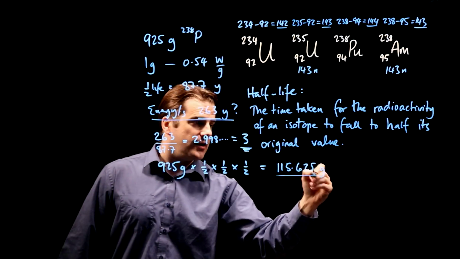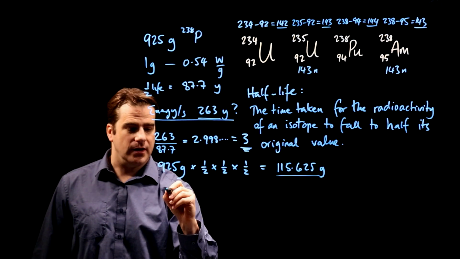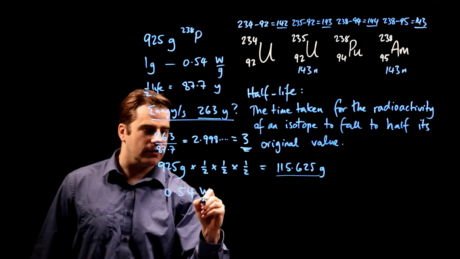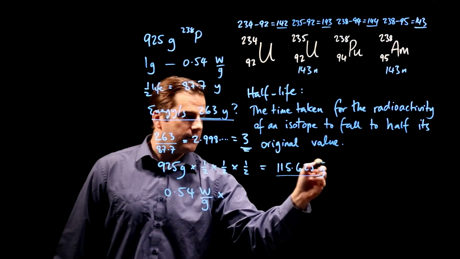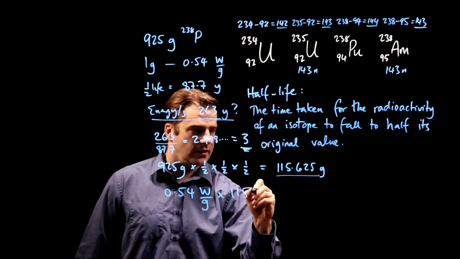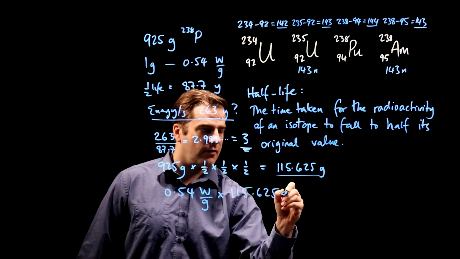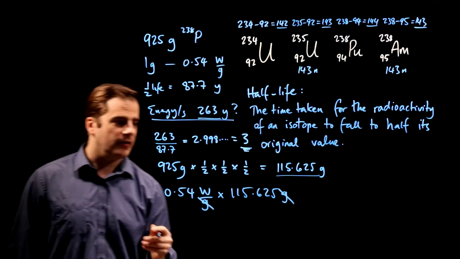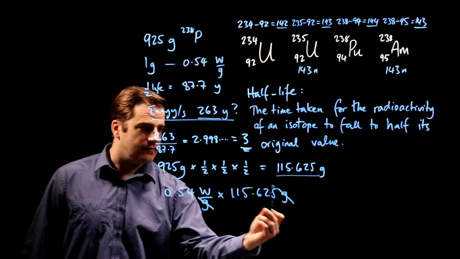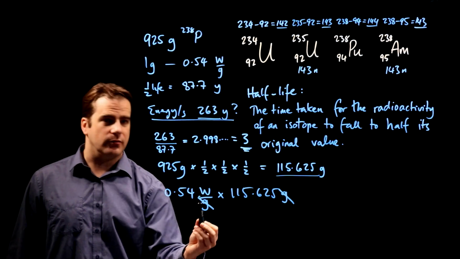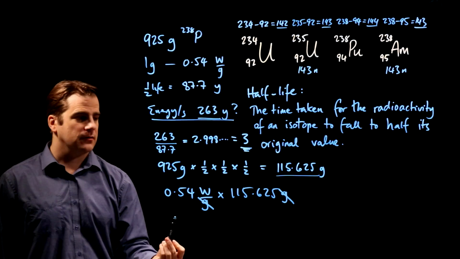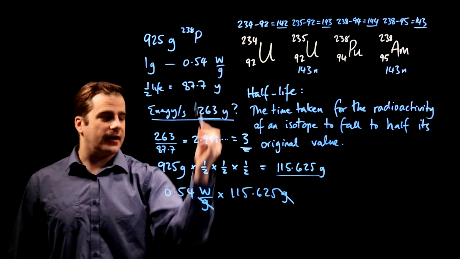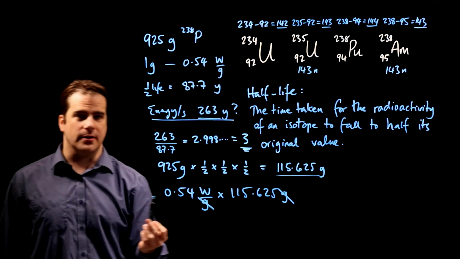Just by looking at the units, we know that if we multiply 0.54 watts per gram by 115.625 grams, grams on the bottom, grams on the top, they cancel. And whatever that is, it's going to be in terms of watts, which is what we want. So that's how we know that we have to multiply that by that, just by looking at the units.